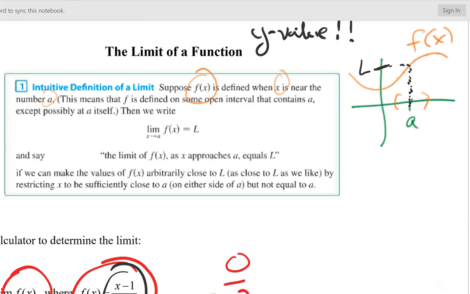And if we can make the values of f of x arbitrarily close to L by restricting x to be sufficiently close to a.